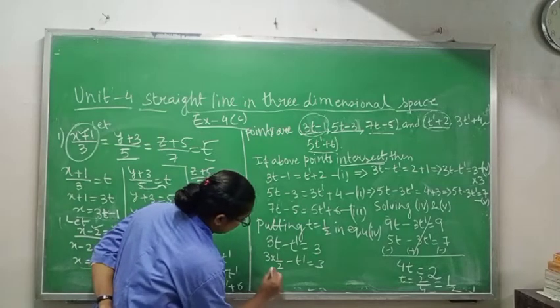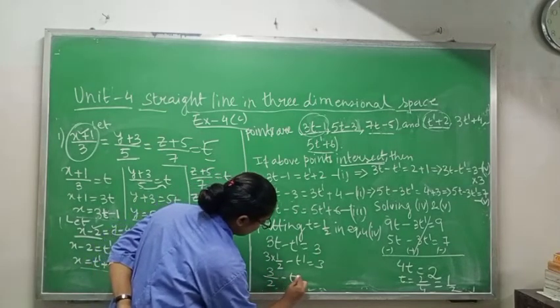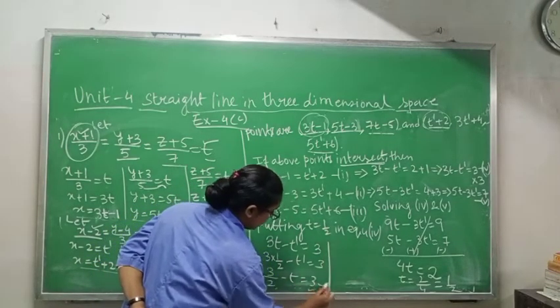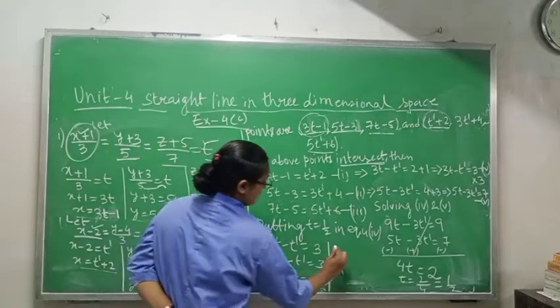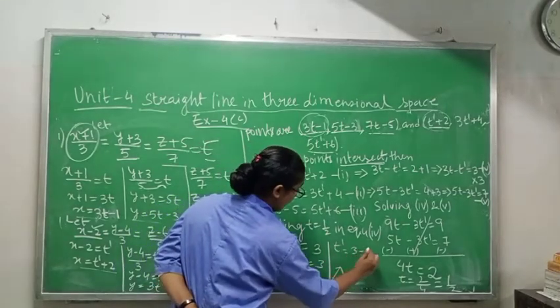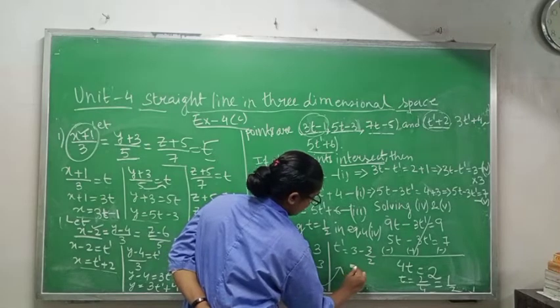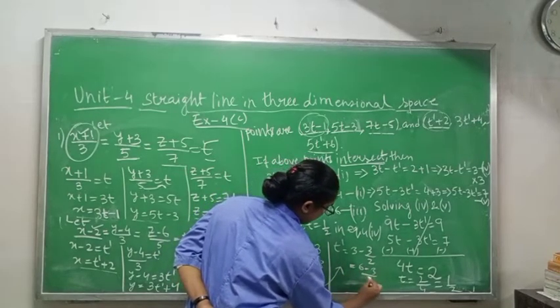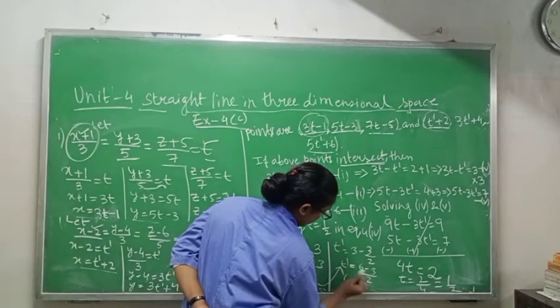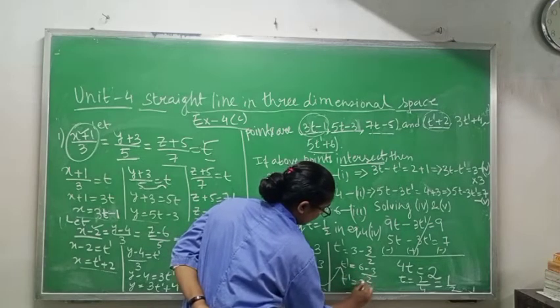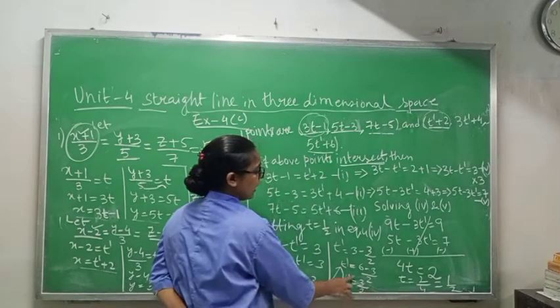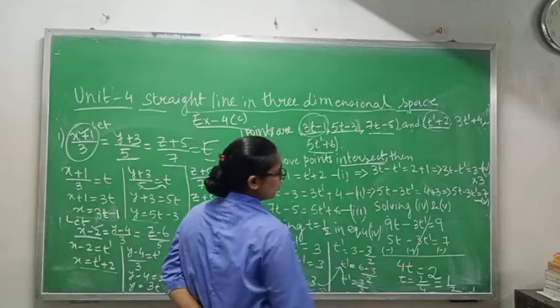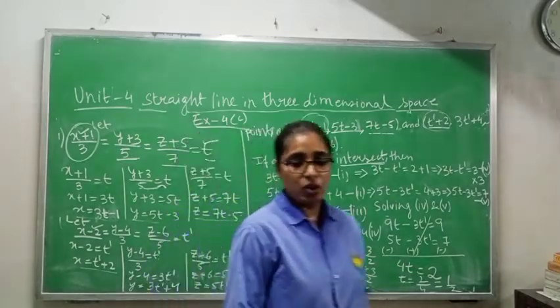So how much will it come? 3 by 2 minus t' equals 3. After doing this, I am coming here. So t' equals 3 minus 3 by 2, which is 6 minus 3 by 2. So t' is coming 3 by 2. The t' value is 3 by 2, the t value is half. Up to here you all are understanding.